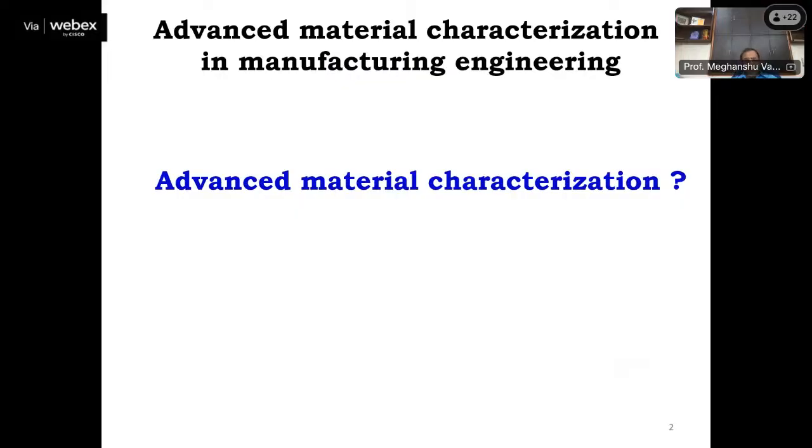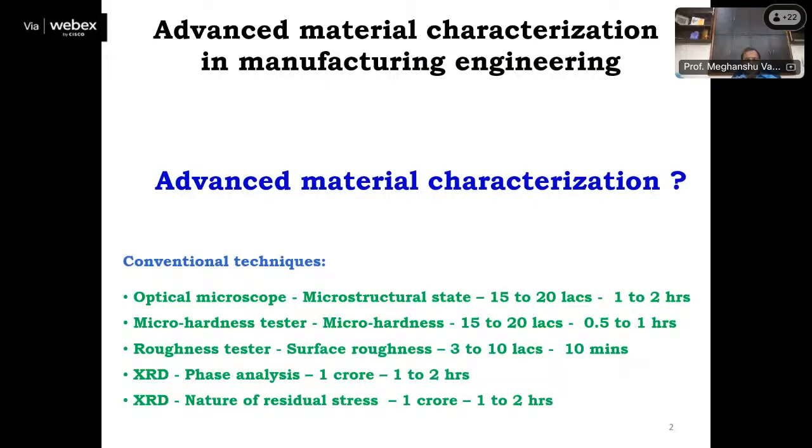What is the requirement of advanced or smart material characterization? If we look into the conventional techniques of material characterization, then we have five most popular techniques. Those are optical microscope, micro hardness tester, roughness tester, X-ray diffraction technique.